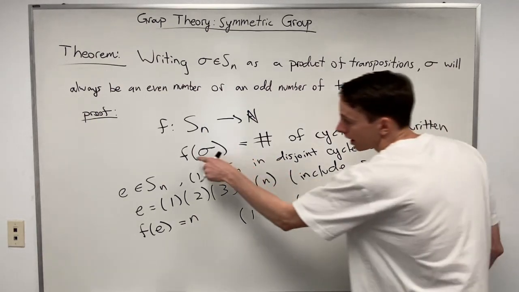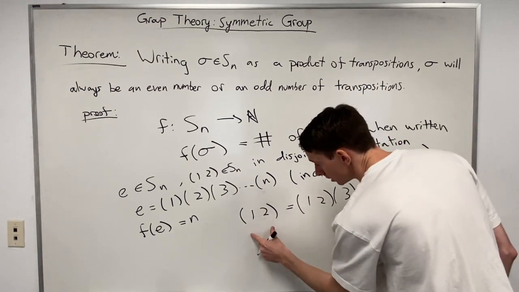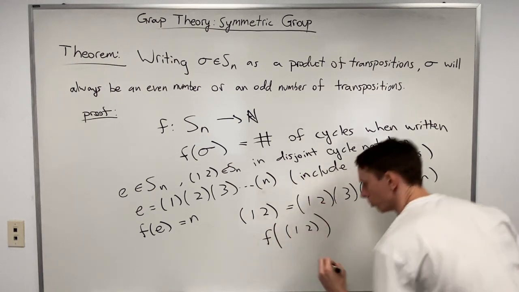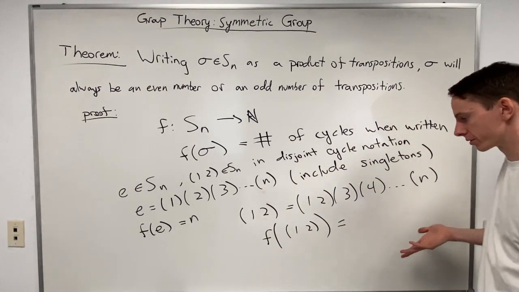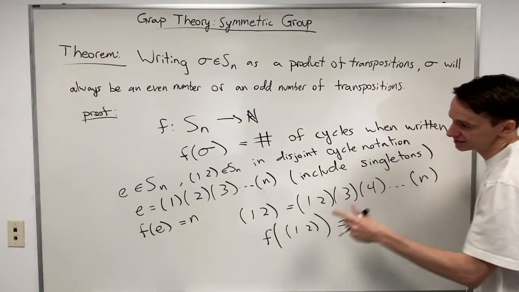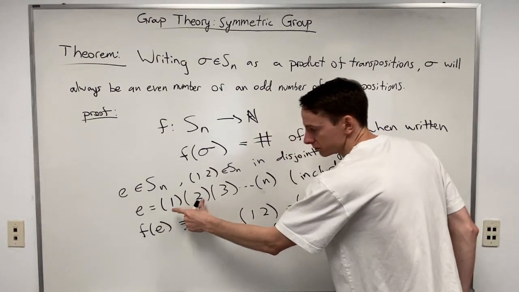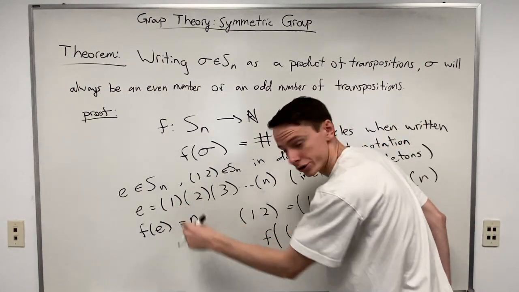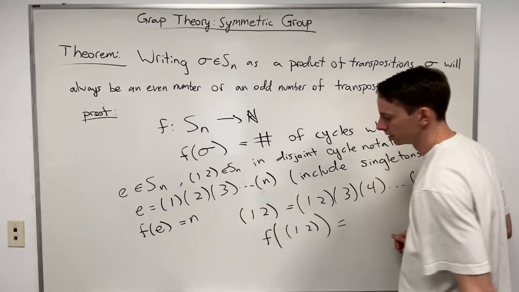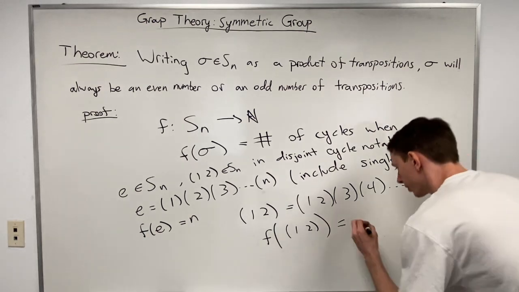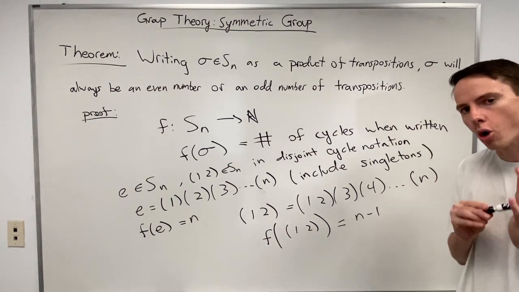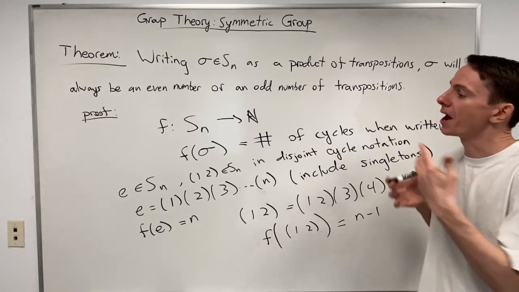So then if we were to apply f on this 2 cycle right here, so maybe f acts on (1 2), we just count up the number of cycles we see. Basically, if we had n here, it's almost as if the numbers 1 and 2 get combined together, so we have 1 less cycle than we did here. So f of any transposition is simply going to be n minus 1. All right. Hopefully this makes sense, at least how f is defined.